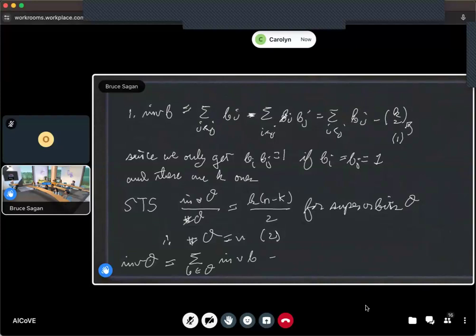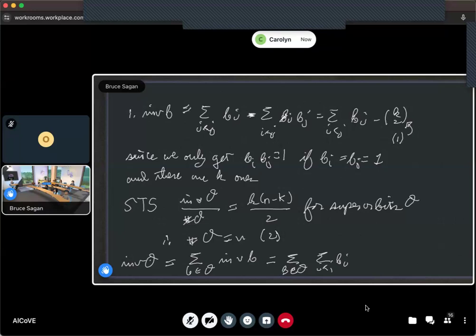And now using this expression 1 that we had over here, that's going to be the sum over all b in my orbit of this first expression, and what's going to happen to the second one?